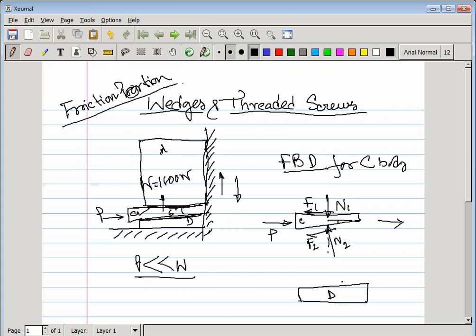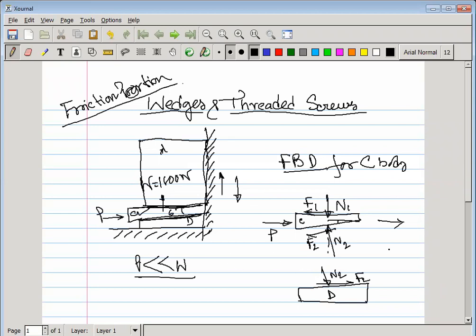What is the free body diagram for body D? Here the friction is opposite to that of the other body.